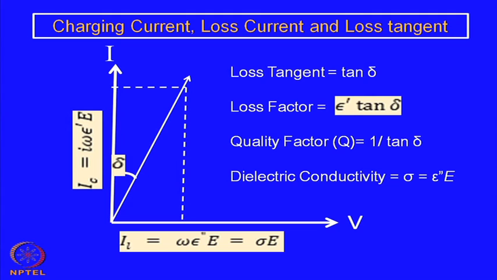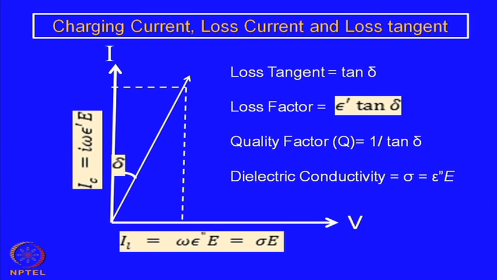So, the capacitance value also includes a geometric factor, but the dielectric constant as well as loss tangent or dielectric loss are the material parameters and the intrinsic property of the material. The way we prepare it, the way we synthesize it, or the particular crystal structure, the chemical composition, and so on and so forth.